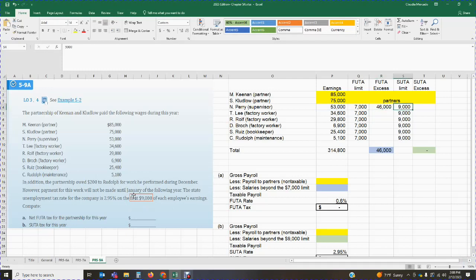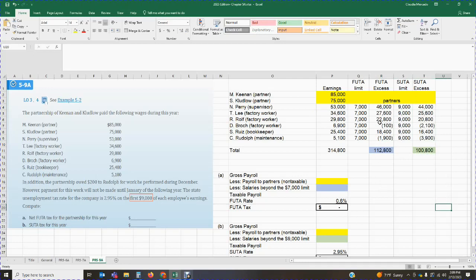That was provided in the problem. Perry earned $53,000, and we're going to pay taxes on the first 9, so that means that $44,000 are not taxable. We're going to do the same thing for all of our employees. I basically copied and pasted my formulas down.